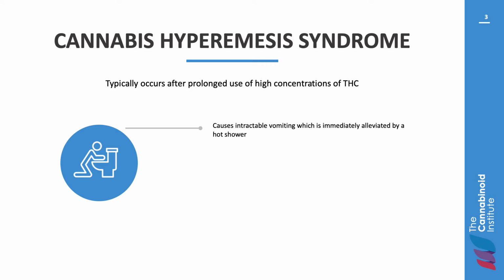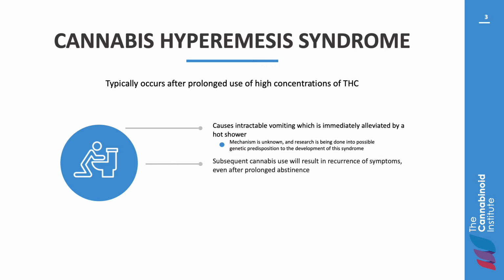The mechanism of cannabis hyperemesis syndrome is unknown, and research is currently being done into possible genetic predisposition to the development of this syndrome. Subsequent cannabis use in cannabis hyperemesis patients will result in recurrence of symptoms, even after prolonged abstinence from cannabis. Therefore, discontinuation of cannabis is the only assured cure once cannabis hyperemesis syndrome develops.